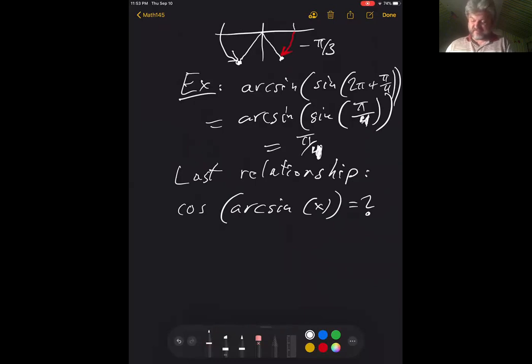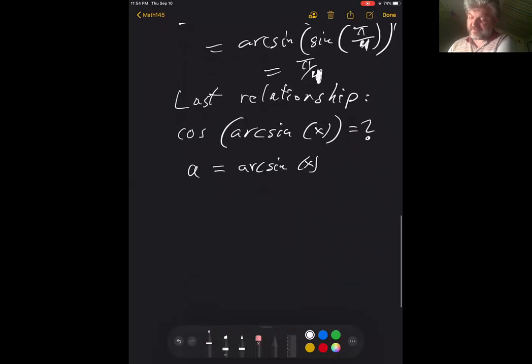And to investigate what's going on here, let's give this thing a name. Let's say A is the arcsine of x. Therefore, sine of A is x.